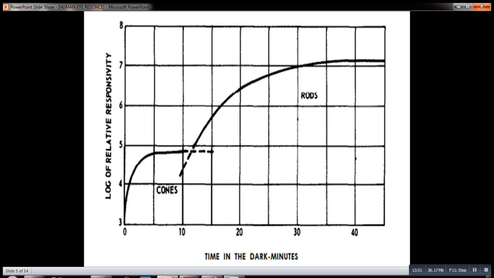cannot be seen. Only shadows or gray are seen.